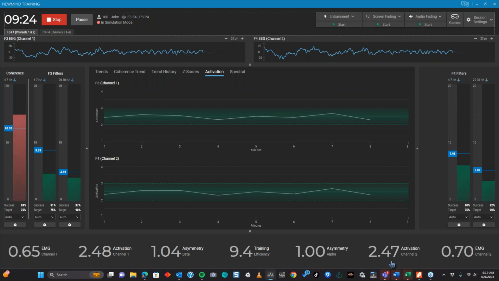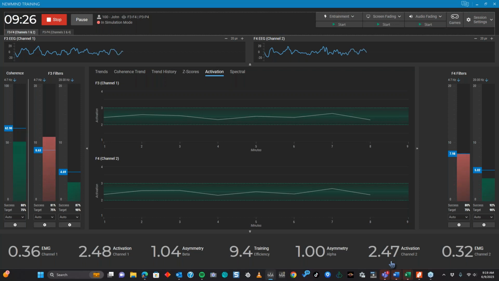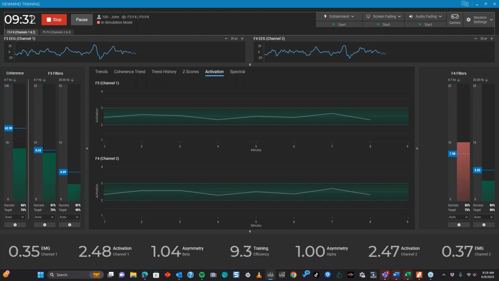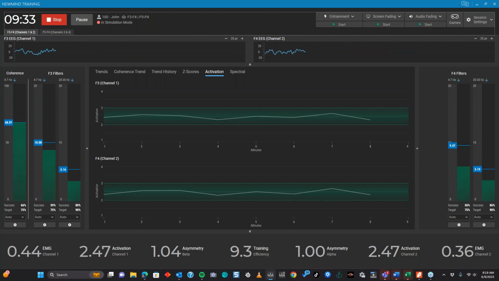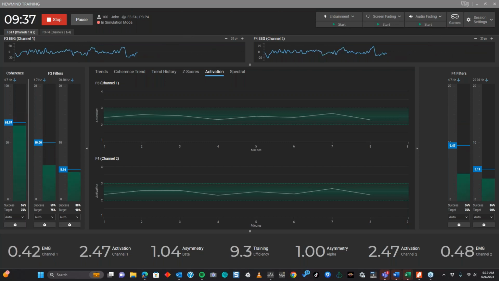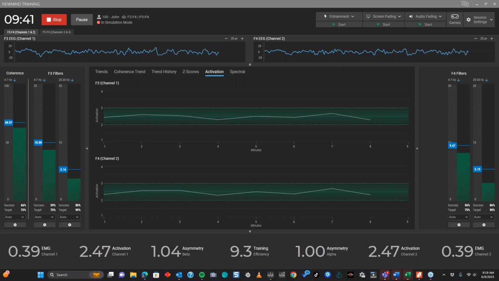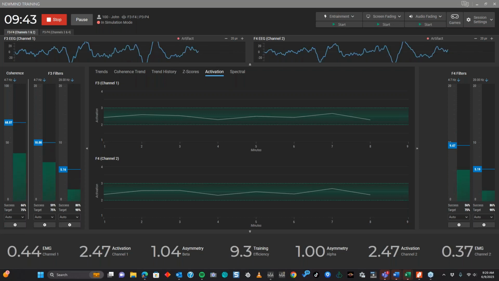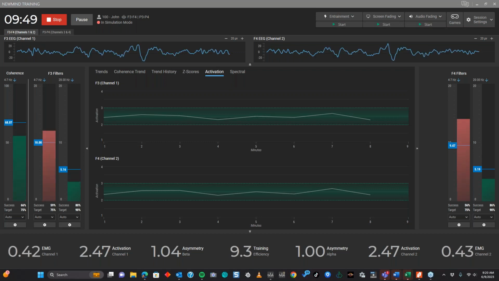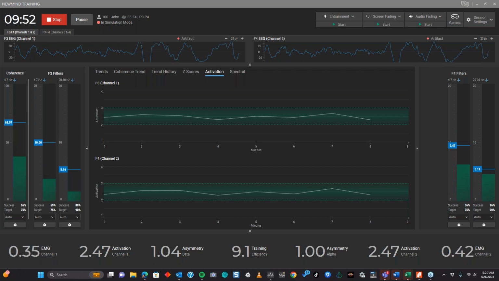Our database is going to recommend protocols based off statistically what's the worst. And I think almost everybody on this webinar today would agree that in a lot of cases, especially when we look at an eyes open map, that's a common thing we see: a lot of excessive delta and theta and alpha, with sometimes normal to low beta.